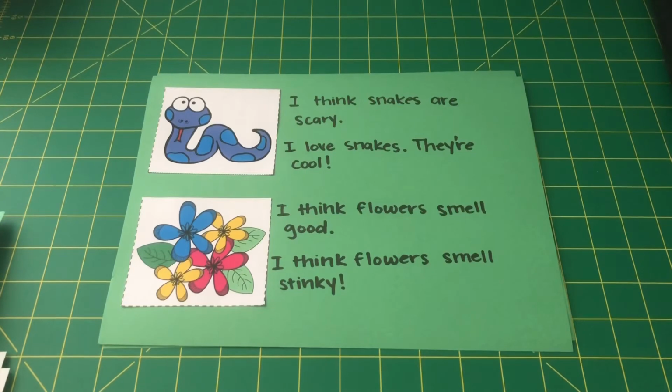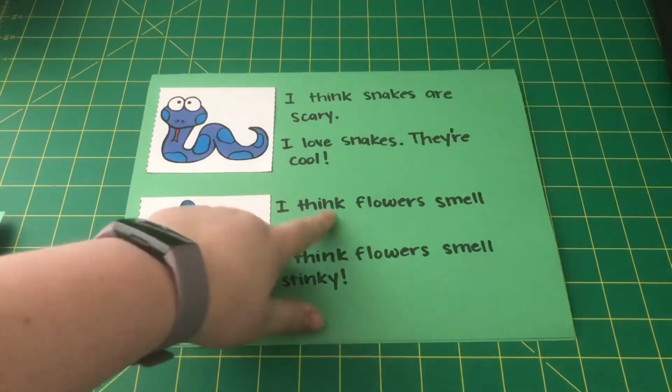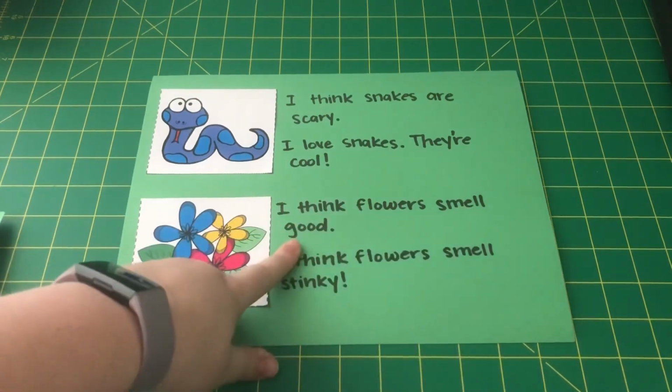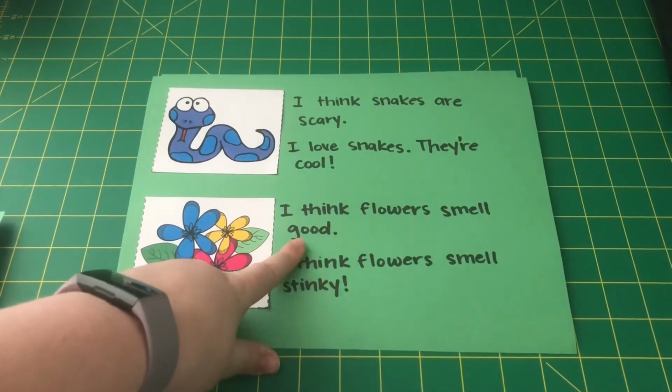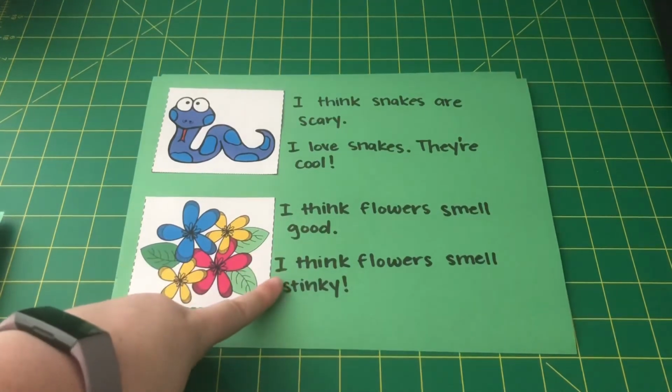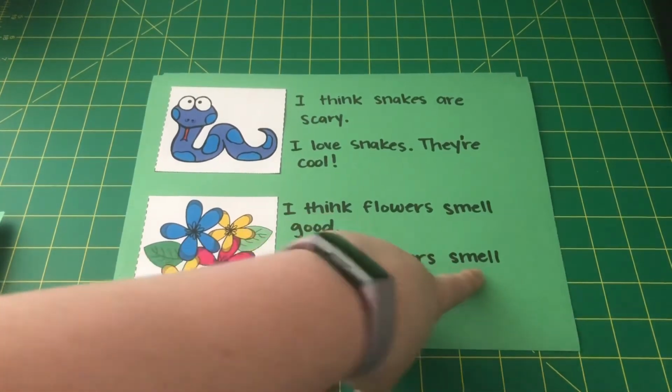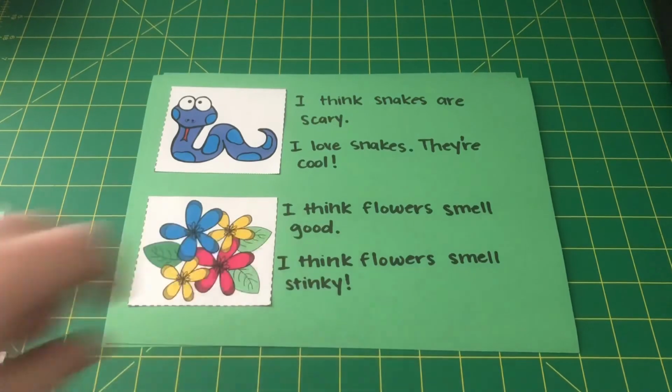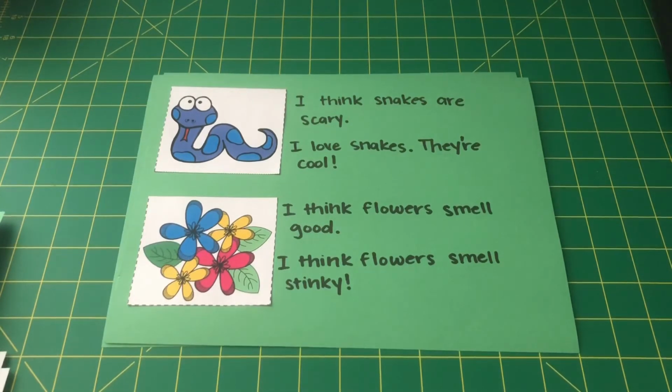Okay, our next opinions have to do with flowers. Our first one says, I think flowers smell good. So this is a nice opinion. They like the smell of flowers. The second one says, I think flowers smell stinky. And so that's the opposite opinion. So they don't like flowers and they don't think they smell good like the first person does.